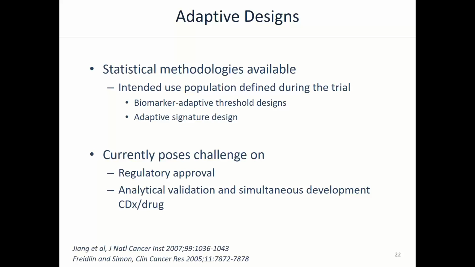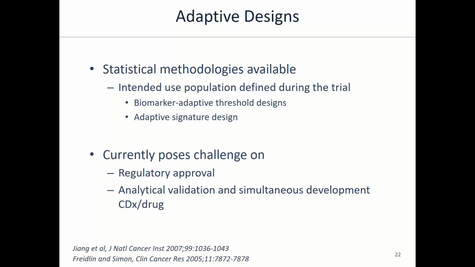Now, when we say this has to be locked down prior to validation, this is not because there's no statistical methodology available to set the cutoff or finalize this signature during the validation process, but it's more a restriction posed upon us by the regulatory approval. For now, the regulators want to see the definition of the intended use population before the trial is started.